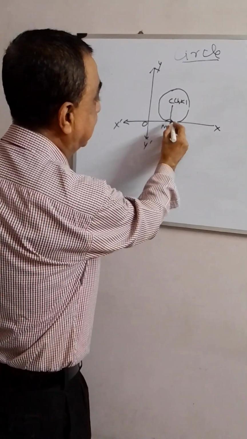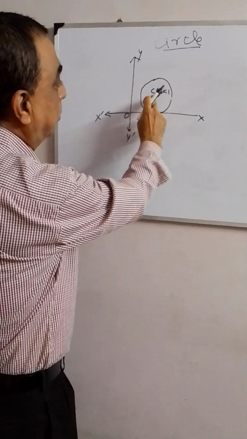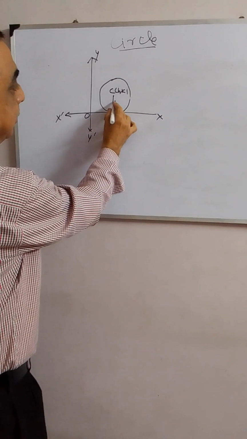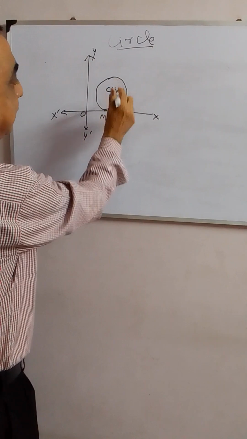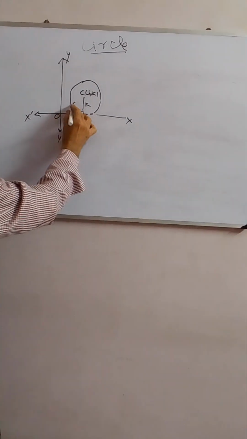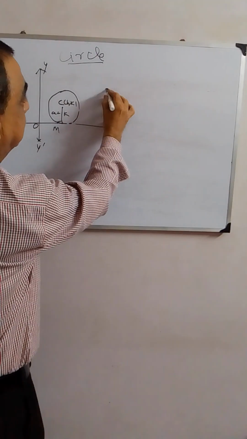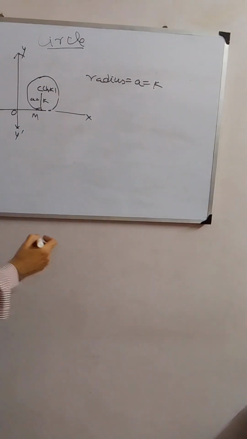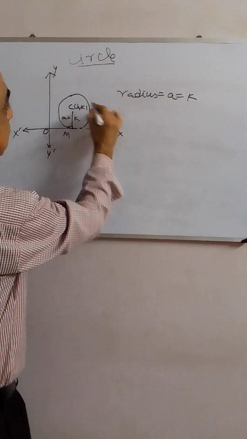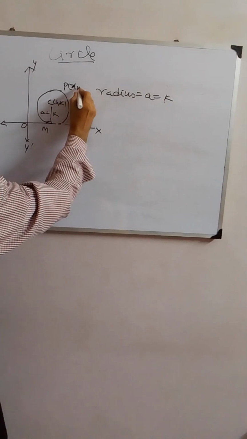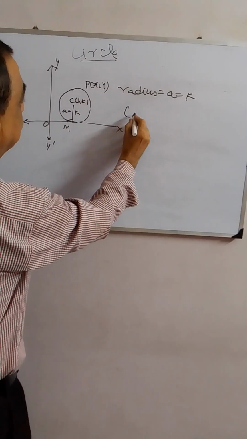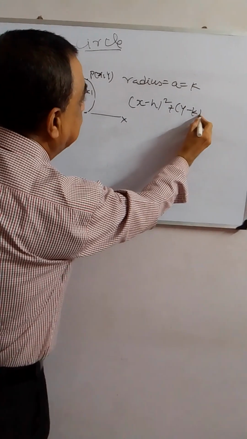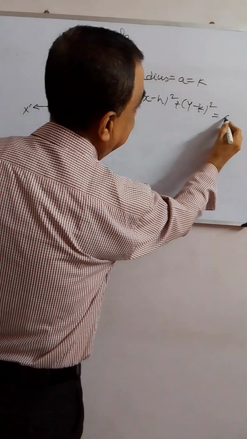So CM will be the distance of the center point from the x-axis. What is the distance from the x-axis? The distance from the x-axis is the y-coordinate. So the radius of the circle, a, is equal to k. So what will be the equation of the circle? P(x, y) is the movable point on the circumference. So x minus h whole square plus y minus k whole square is equal to a square.